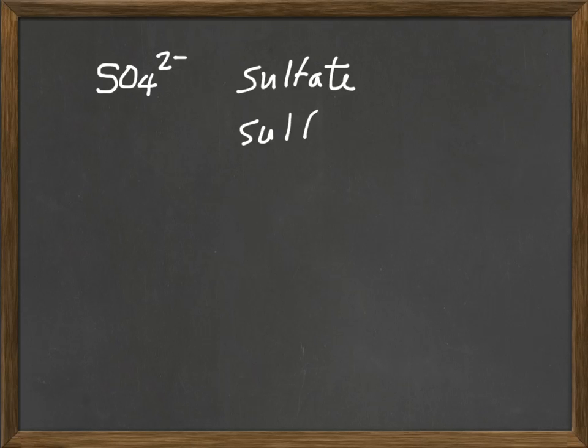So let's do some examples. Let's do sulfate. What's the formula for sulfate? SO4 2 minus. So that's sulfate. What would be the formula for sulfite? SO3 2 minus.